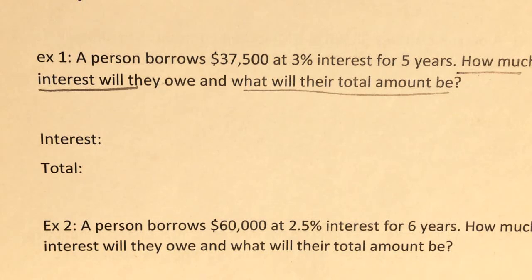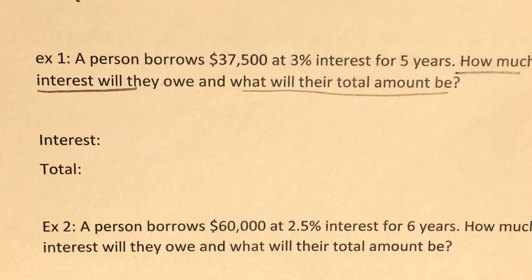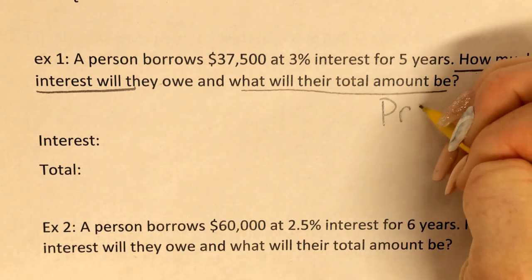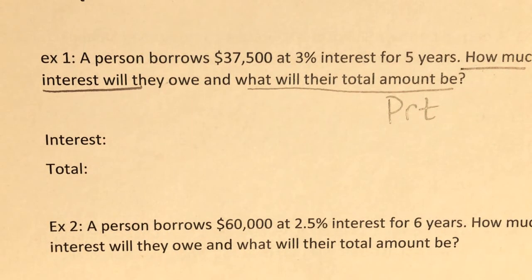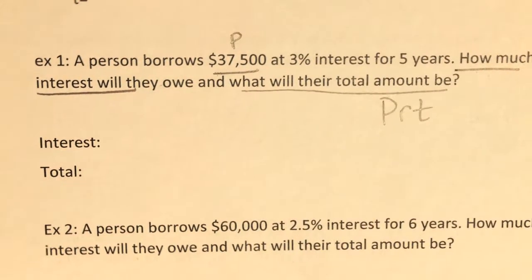All right, how am I going to solve this? Well, I write my formula down for simple interest. What is my formula? P, R, T. So nothing's different. My P is 37,500.